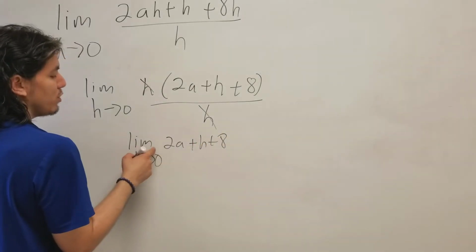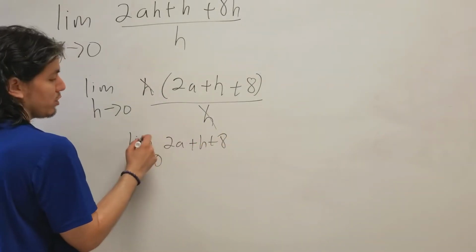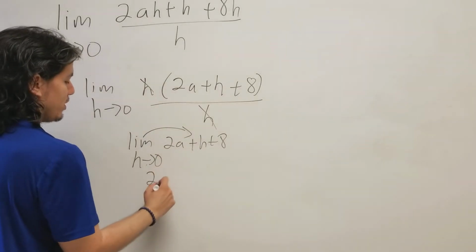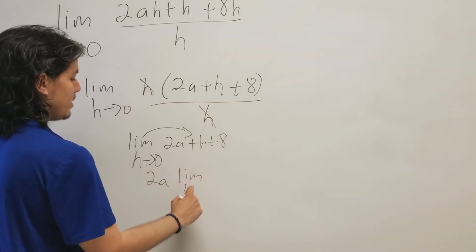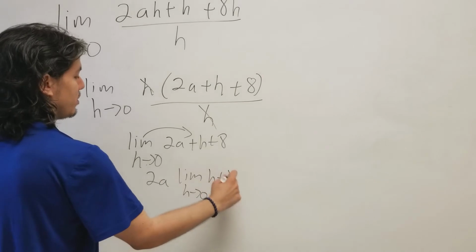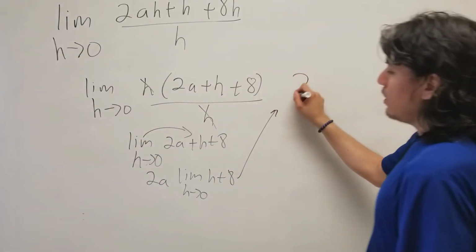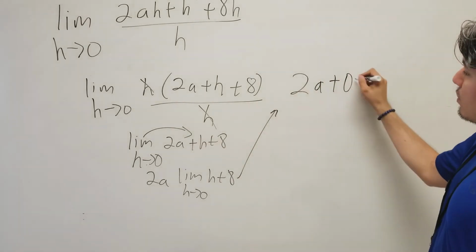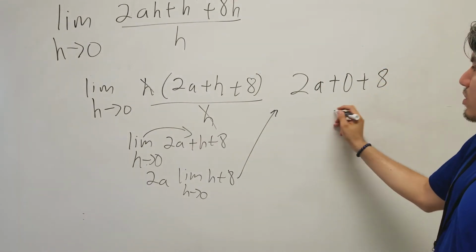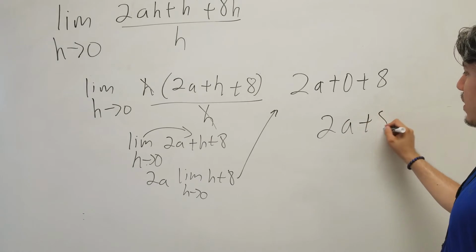I'm able to use the property of limits to just go straight to the h. So I take 2a, limit as h goes to 0 of h plus 8. So I plug this in, I finally get what? 2a plus 0 plus 8, and that's just simply 2a plus 8.